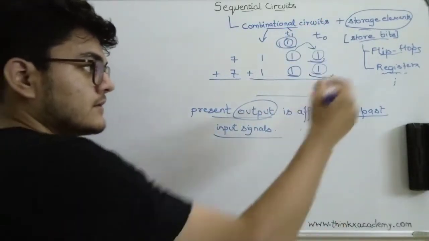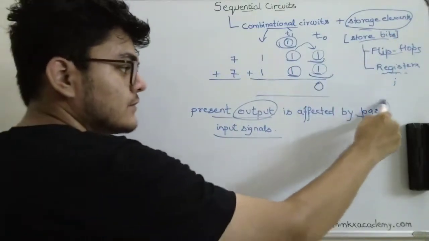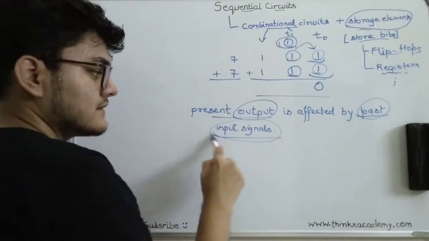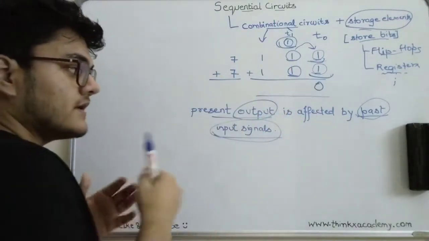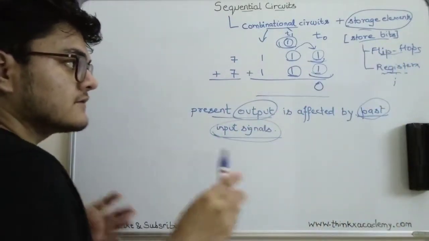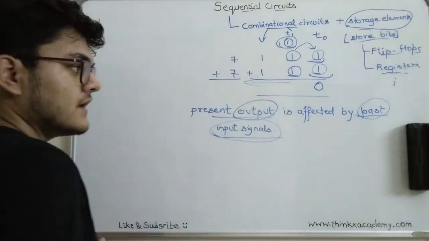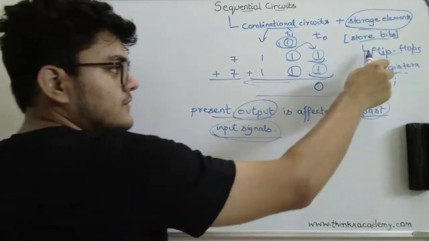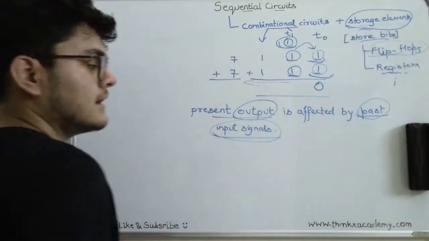So we need to introduce some storage element so that we can store the past input signals, since these past signals will affect the operations in the future. So we will store them. When we proceed with more operations, we will observe that we need to change the data in these storage elements.